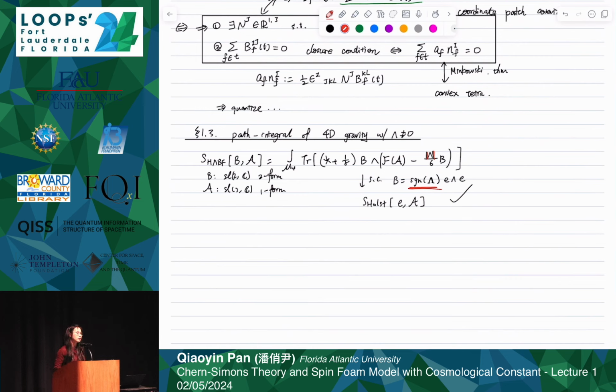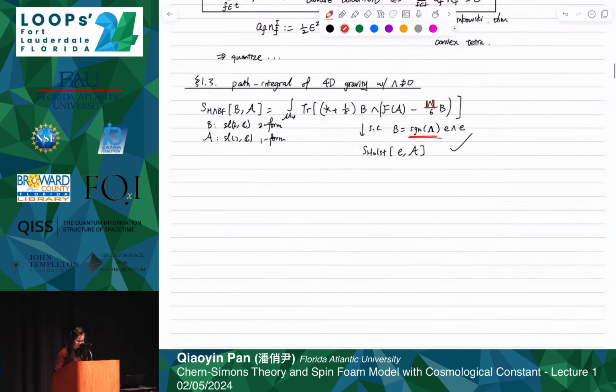And imposing the simplicity constraint is the last step to construct the spin-foam model. So if I put an absolute value here, then whatever we do, as long as we haven't imposed the simplicity constraint yet, it's suitable for either sign of the lambda. So we actually get the benefit of it. And we'll see this benefit in the third lecture tomorrow.